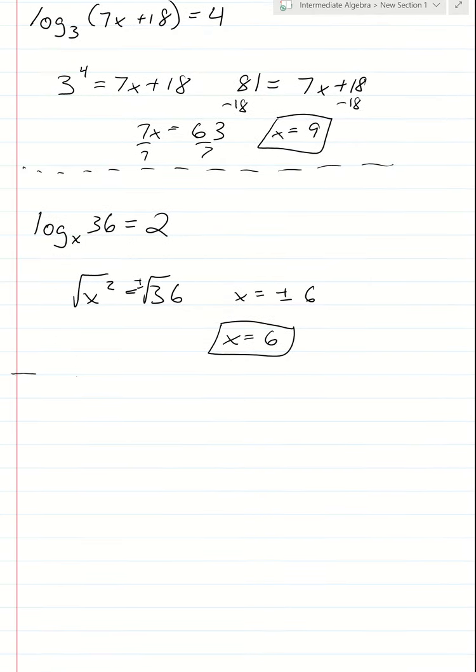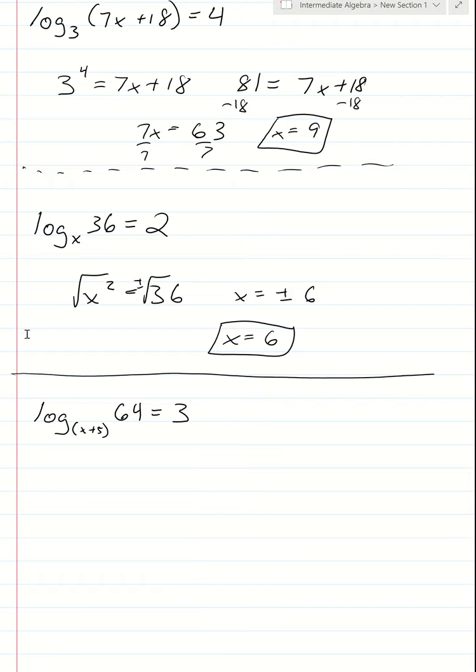Let's try another one, a little bit more involved. Let's say we have the log base x plus 5 of the number 64 equals 3. So now we have log.